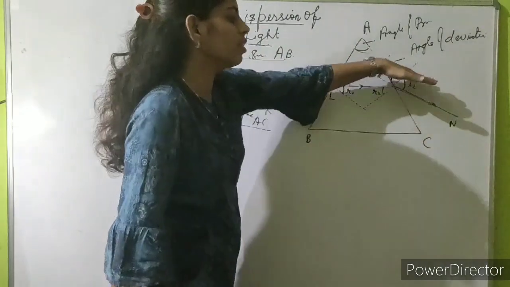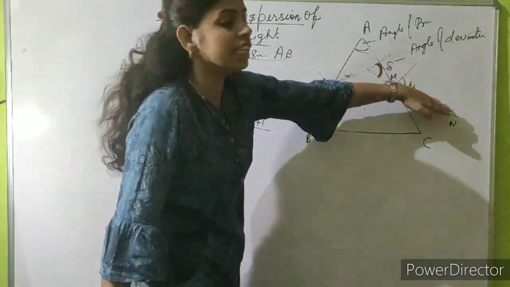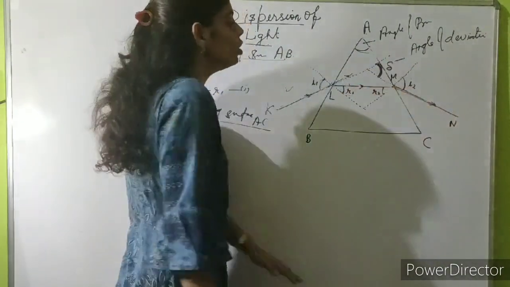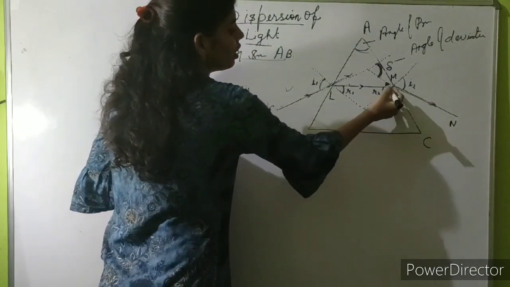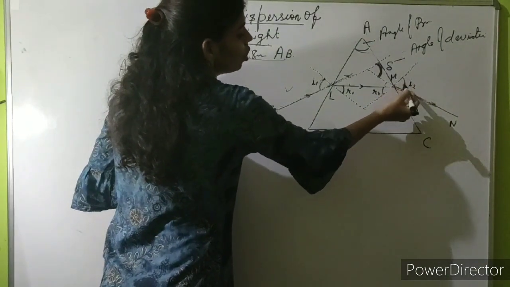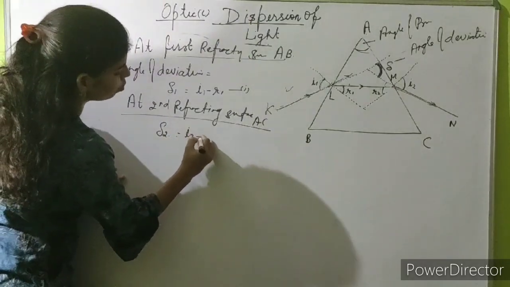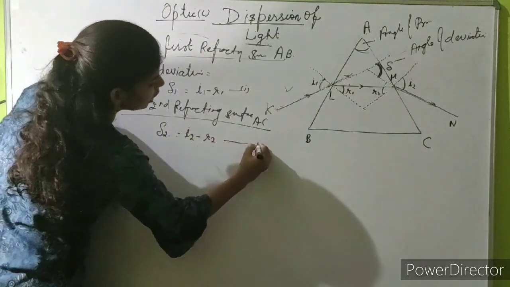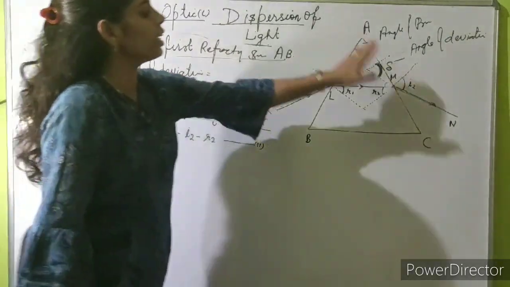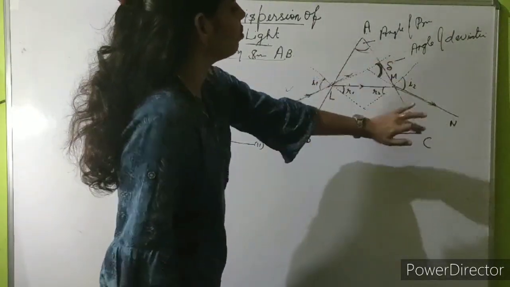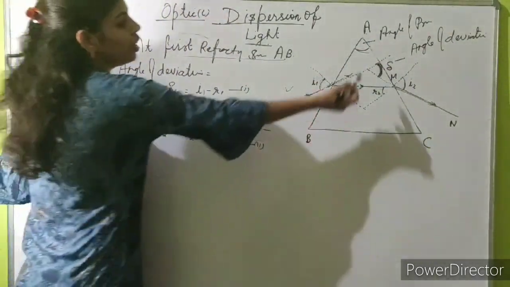Again it bends away from the normal, that means again its path has been changed. So at this point the deviation is I2 minus R2. I2 minus R2 is the deviation at the second refracting surface AC.